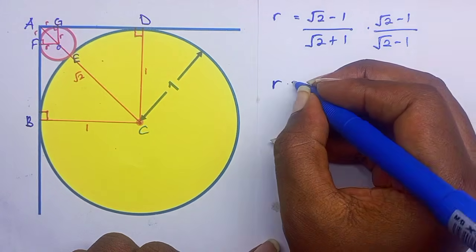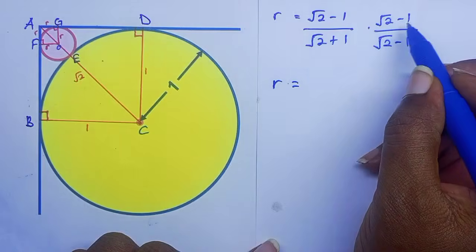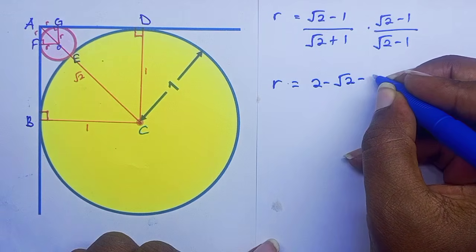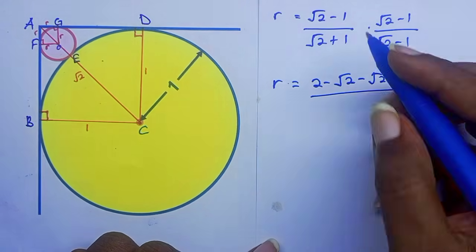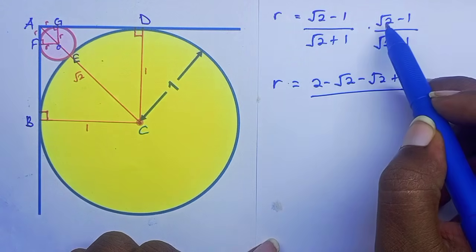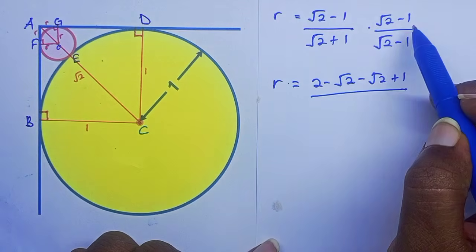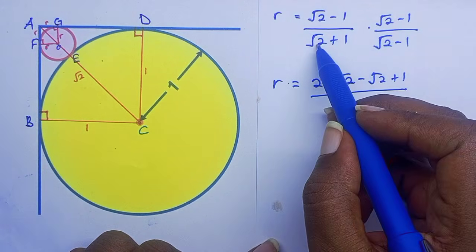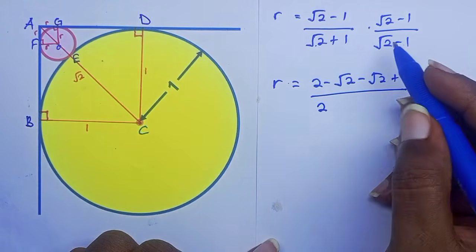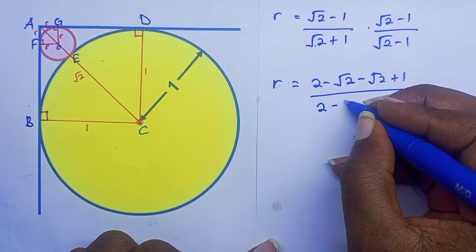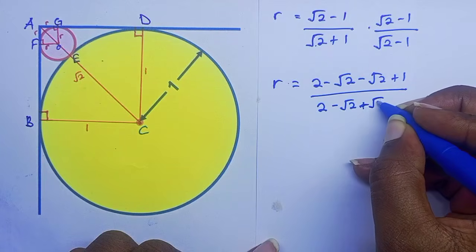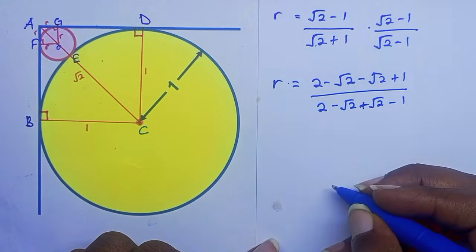Root 2 times root 2 is 2, root 2 times negative 1 is minus root 2, 1 times root 2 is positive root 2, and 1 times negative 1 is negative 1.